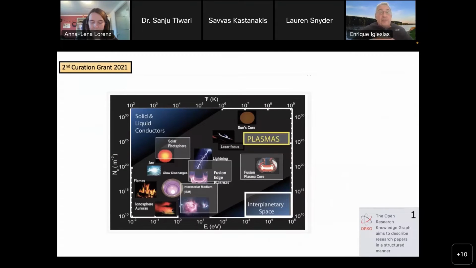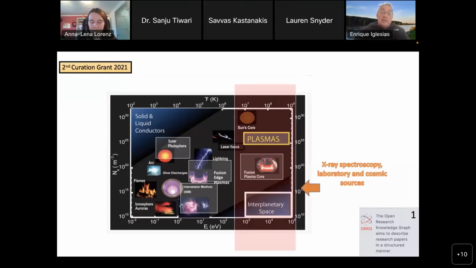In the second period, I'm being consistent with the same area, experimental plasma physics. I'm now visiting different physical systems.